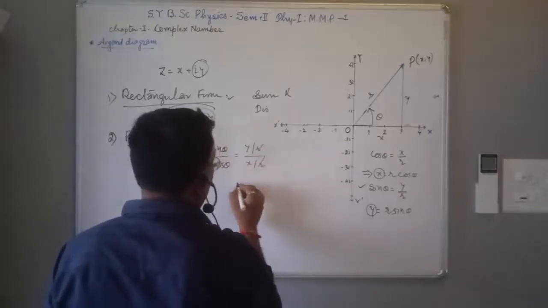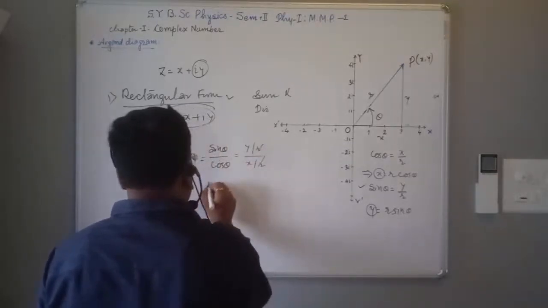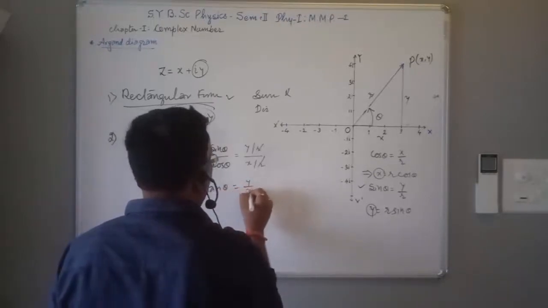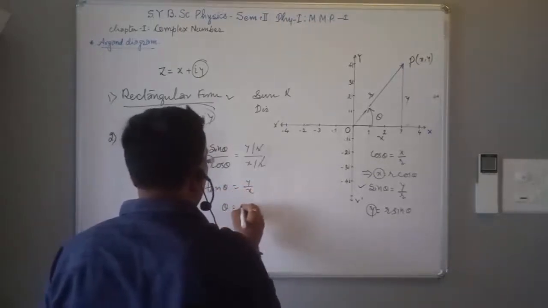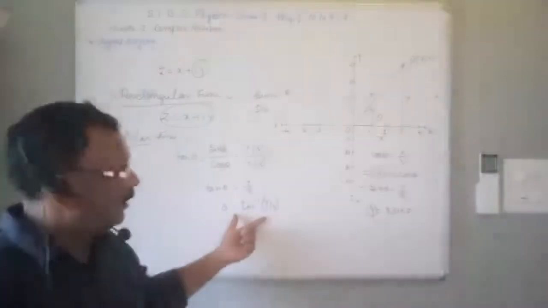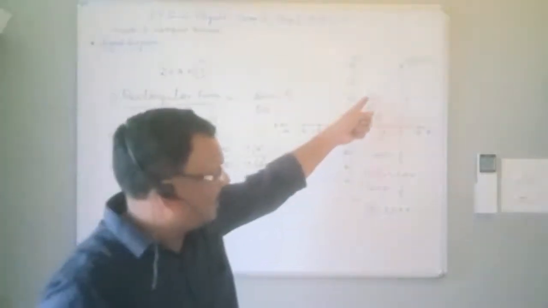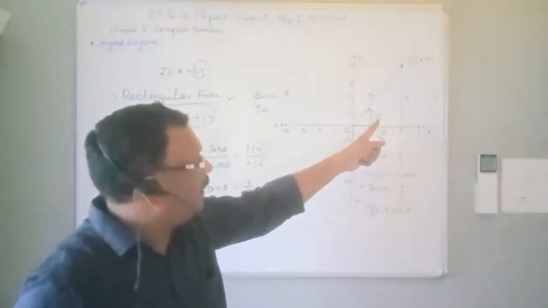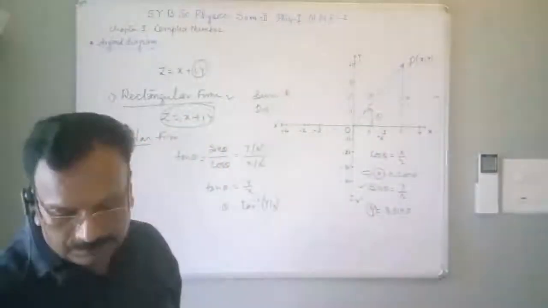The r gets cancelled, and we have tan theta is equal to y upon x, or theta is equal to tan inverse y upon x. This theta is nothing but the angle made by this modulus with the x axis. This is called phase angle or argument.